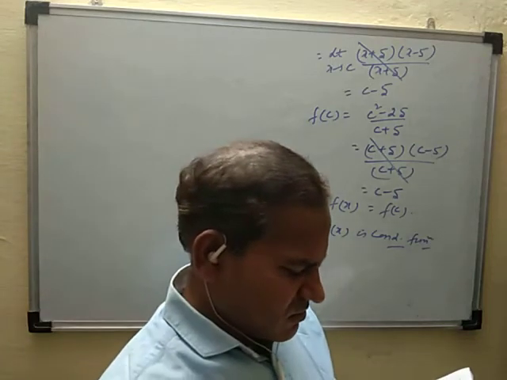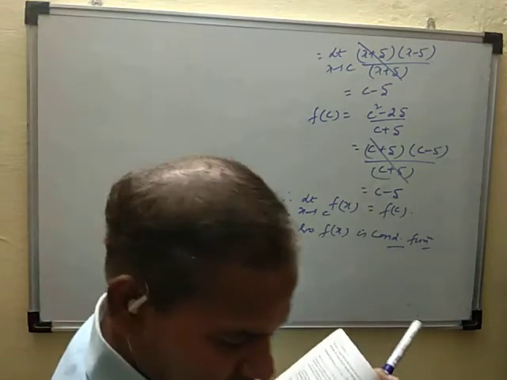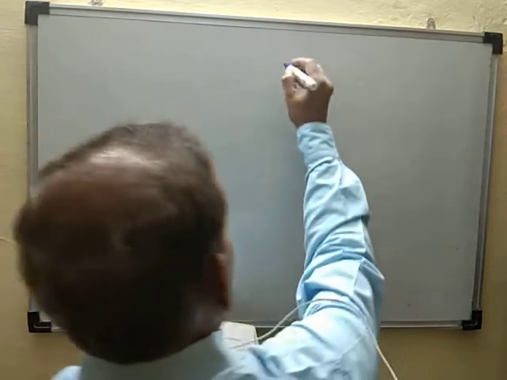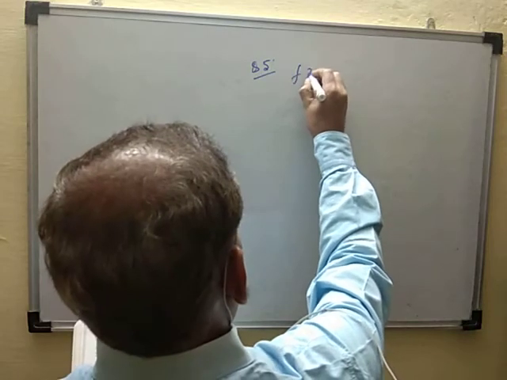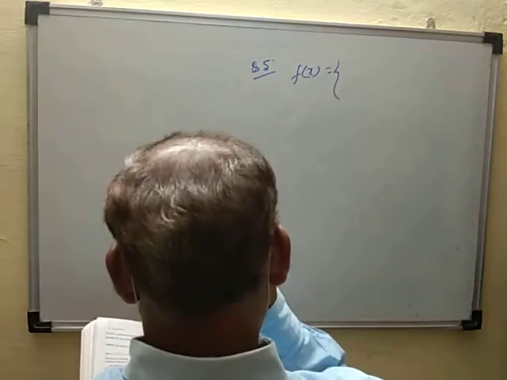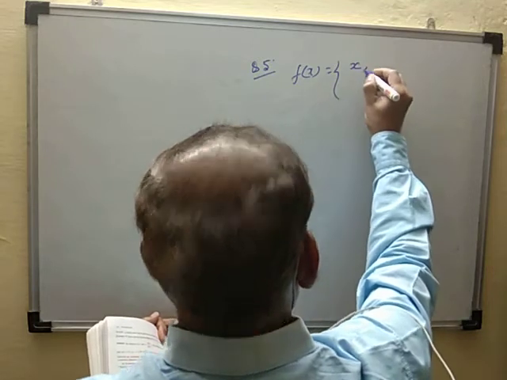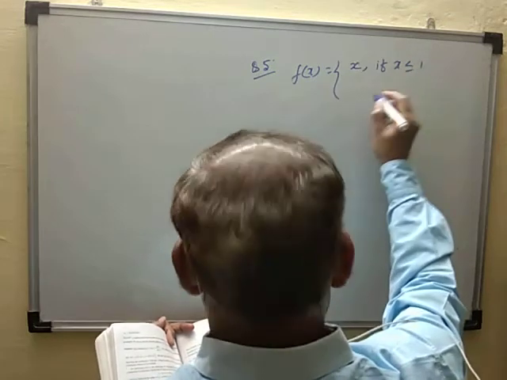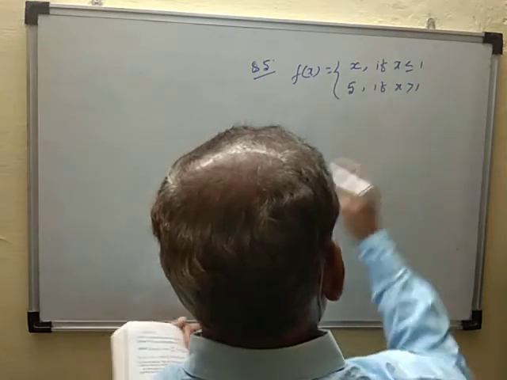And fourth same question number 5. Question number 5 is f of x is equal to x if x less equal to 1, 5 if x greater than 1.